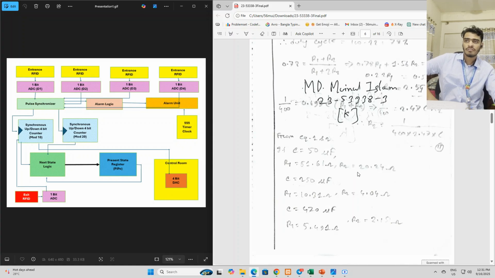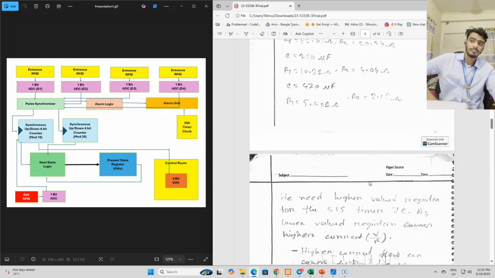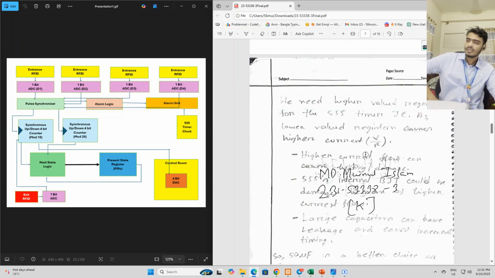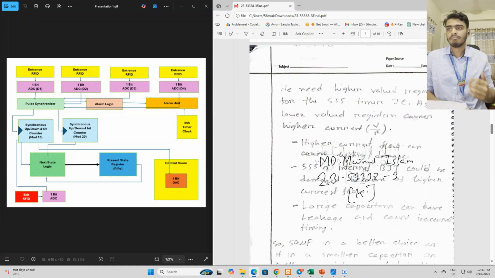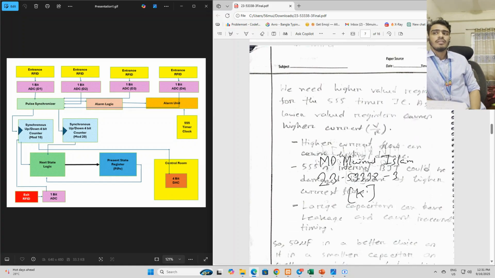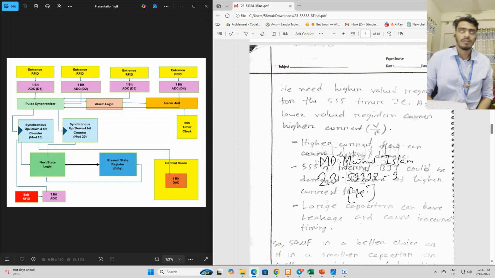Now we choose the 50 microfarad and these two resistors. Why? I have explained it here. Our 555 timer IC is, how would I say, very vulnerable. In what sense?